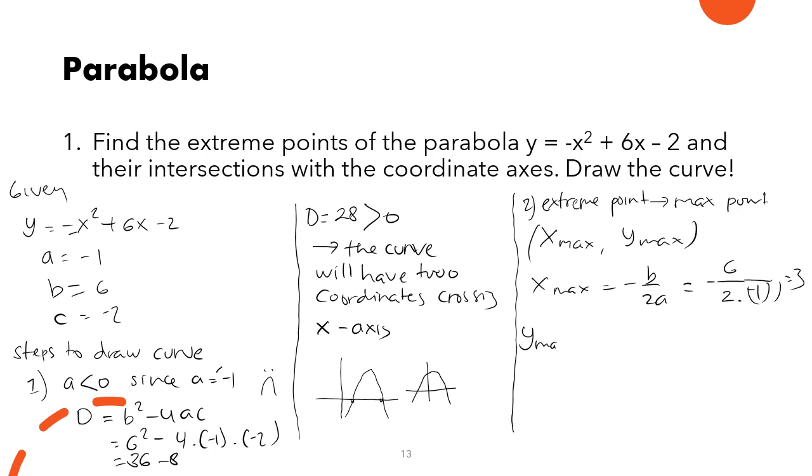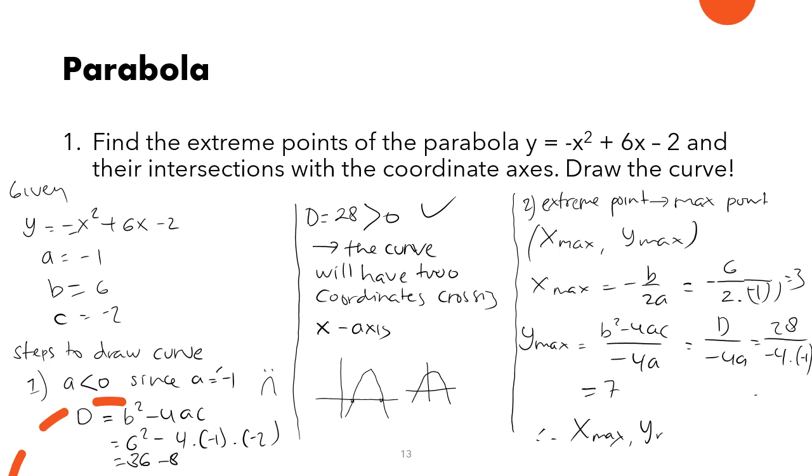And y max is b squared minus 4ac over minus 4a, and this is actually D, so we already have D over there, 28. 28 over minus 4 times minus 1, so 28 over plus 4, it's 7. So x max, y max is 3, 7.